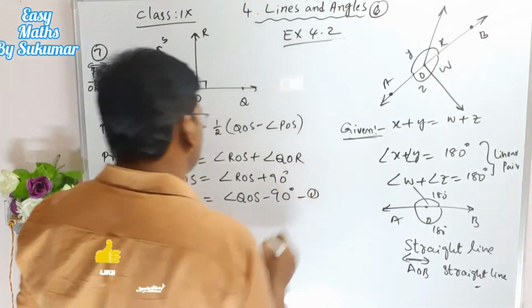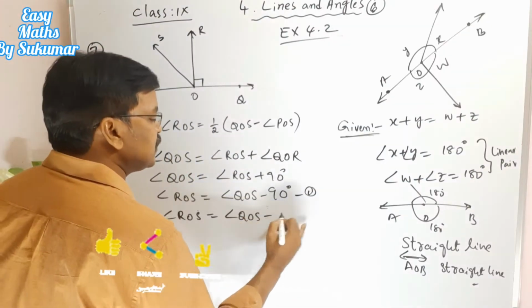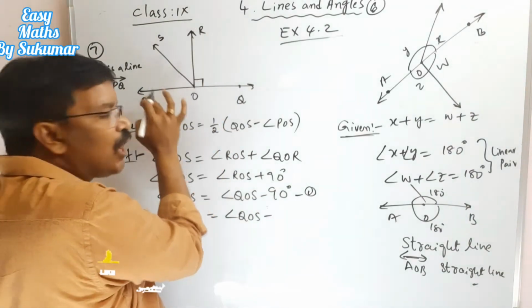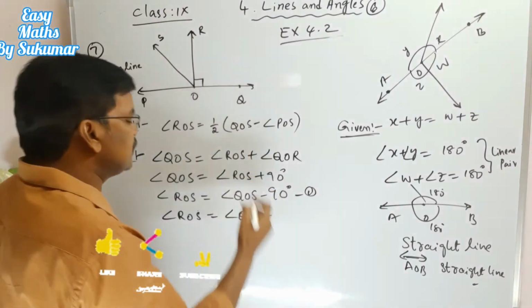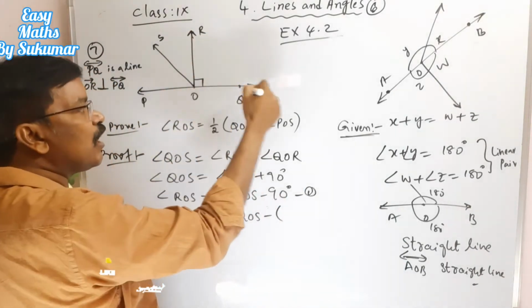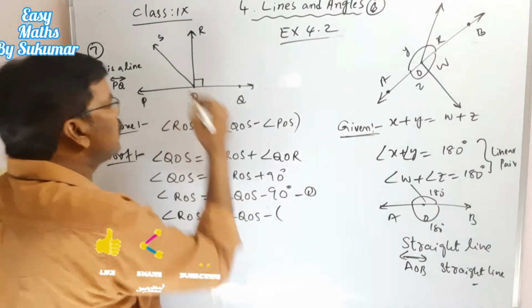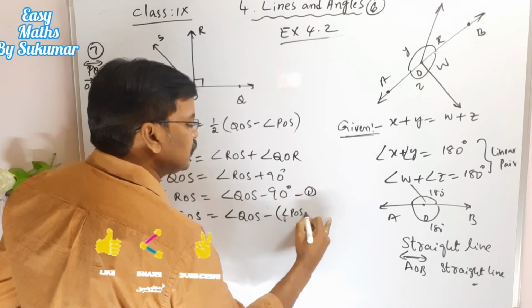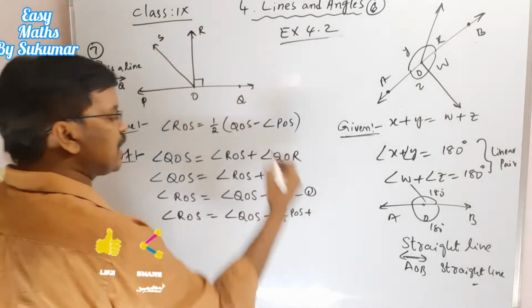This is equation 1. But this angle ROP is also 90 degrees. That means this 90 degrees can be written as, on the other side of angle ROQ, angle POS plus angle ROS.